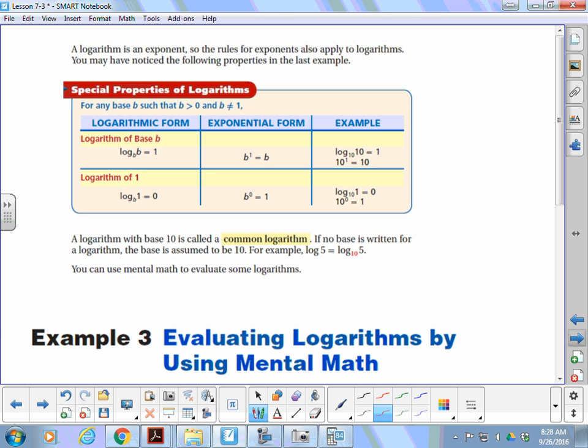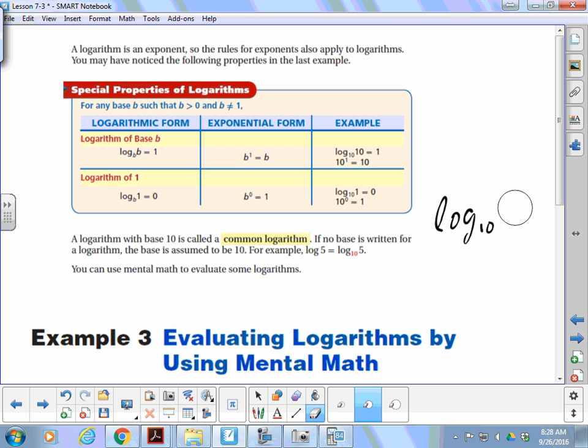Okay. And then we have what's called the common logarithm. Anytime we have a base 10 logarithm, we're just going to write it as, for example, log base 10 of 5, we'll just say that's the log of 5.